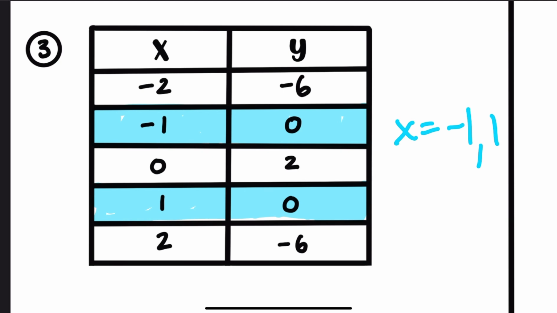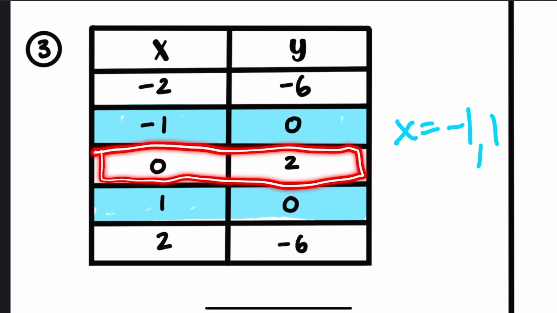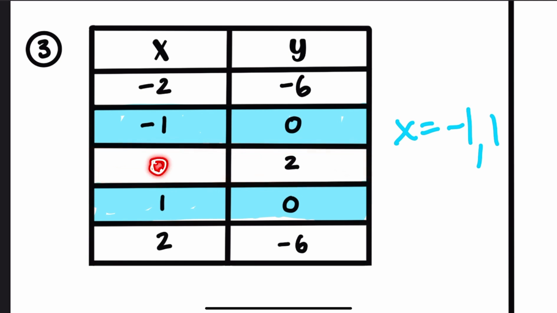Okay. I do want to point out, though, I did not include this as my answer. And that's because my 0 here is in the wrong spot. Your zeros have to be in this y column, or else it's a y-intercept, not an x-intercept, okay? We want x-intercepts. So, though this is an intercept, it is not the kind that we're looking for, so we do not want this as our answer.